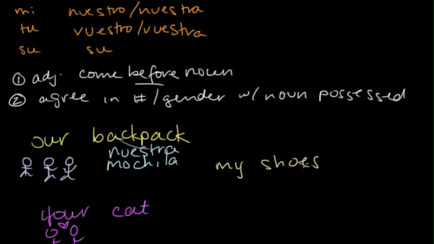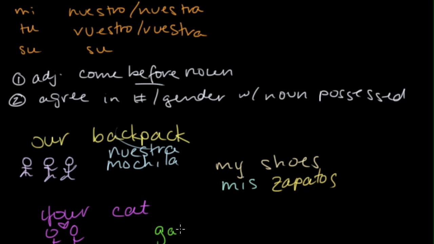For my shoes, we figure out that we have the word zapatos, which is plural and masculine. Our possessive adjective, therefore, must be plural and masculine. My is mi, and it doesn't change to reflect gender, so all we have to do is make it plural. Mis zapatos, my shoes.